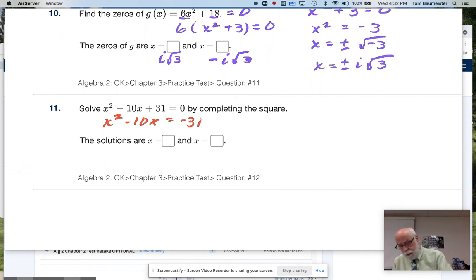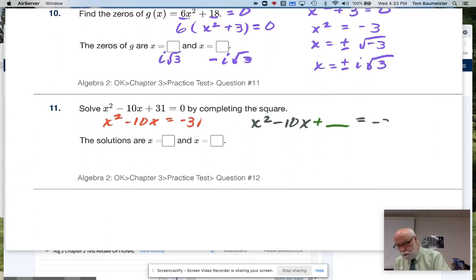Once we get there, I suggested that you write x squared minus 10x, and then I told you to put plus a blank, and then do it equals.